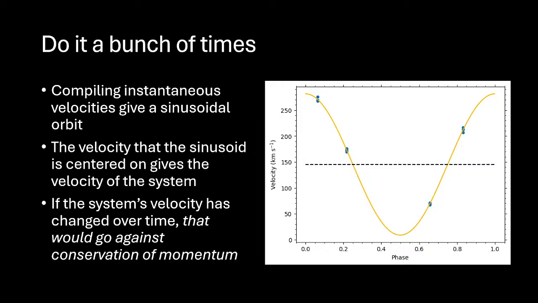Because if it has, that means it's breaking conservation of momentum. The best way to wrap our heads around this is that there must be something large enough and close enough by, such as another star, to exert a gravitational pull on CV-SIR, or the Wolf-Rayet and O stars, so that it is changing the orbital path and the dynamics of the system.